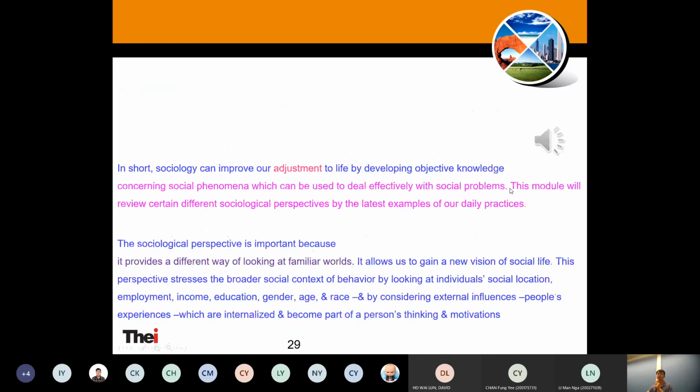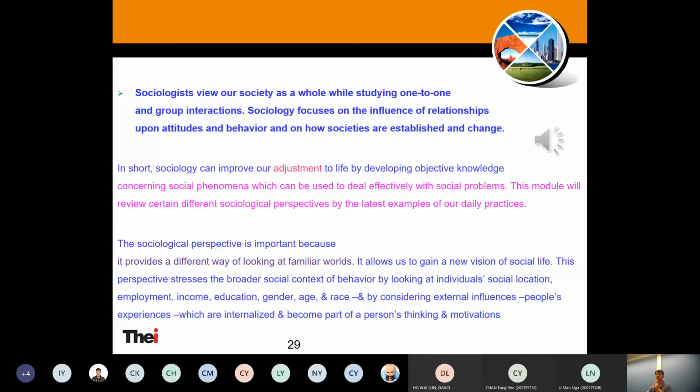All in all, when we talk about the core idea of sociology, the point is that we want to do something to make further changes, to make adjustments to our life by developing objective knowledge, which means that by our observations, we can concern some social phenomena, and then we can deal with these issues effectively by our findings.